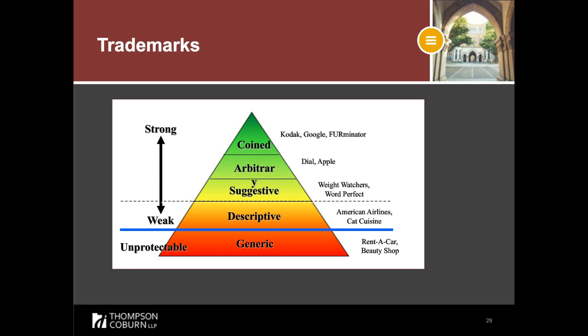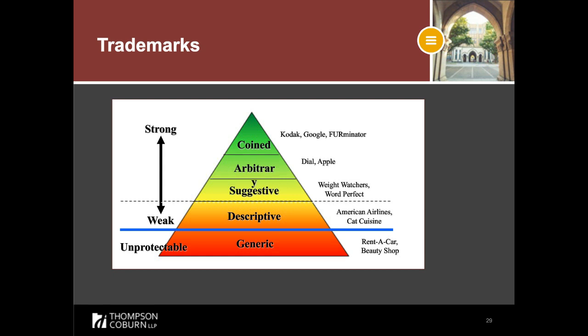Now, over a period of time, descriptive trademarks can acquire distinctiveness. And that basically means that through use of the mark for a long period of time, through lots of advertising and branding and promoting the mark, consumers eventually come to recognize it as a brand. And once it becomes recognized as a brand, then you can claim trademark rights in that.